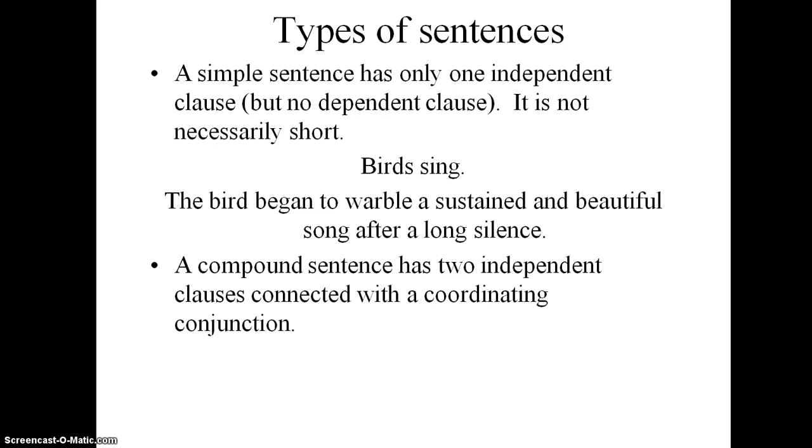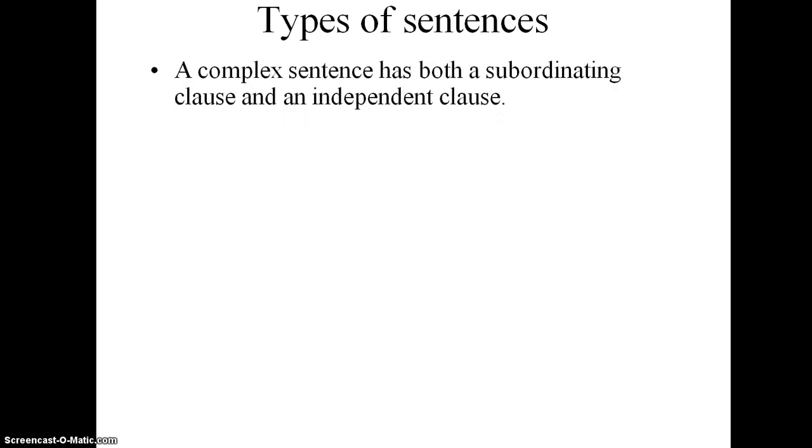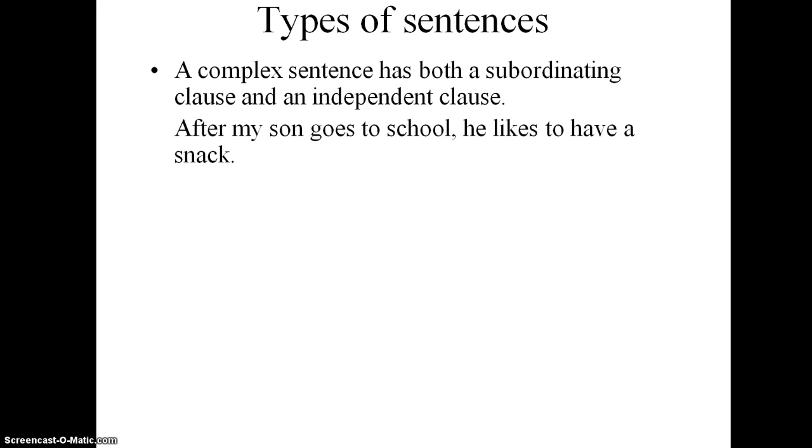Now, a compound sentence is two complete independent clauses connected with a coordinating conjunction. Birds sing, comma, and donkeys bray. You have two independent clauses connected with a comma. A complex sentence has both a subordinating clause and an independent clause.